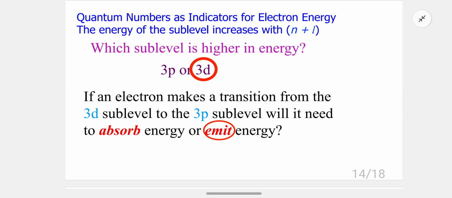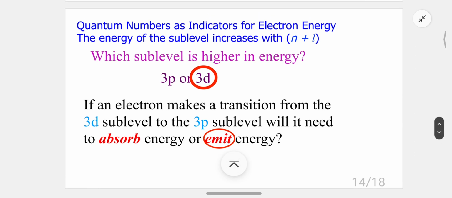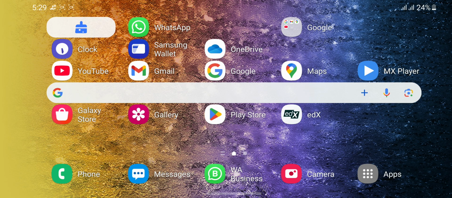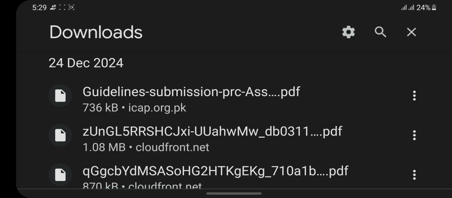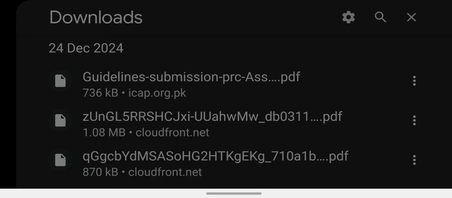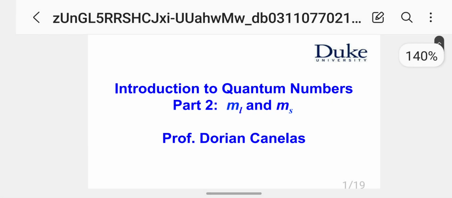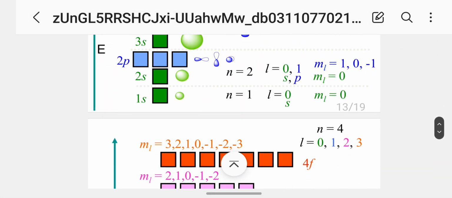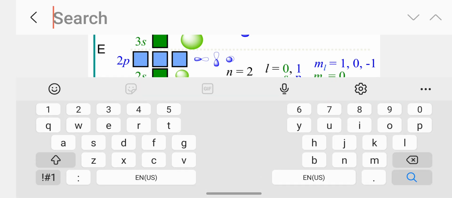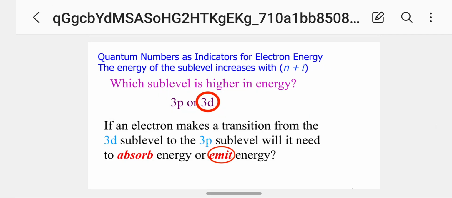Remember that the energy of the sublevel always increases with n plus l, which we discussed on the previous page. Which sublevel is higher in energy, 3p or 3d?